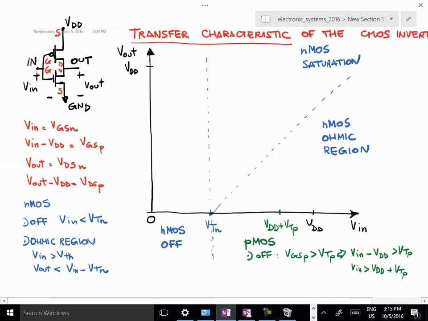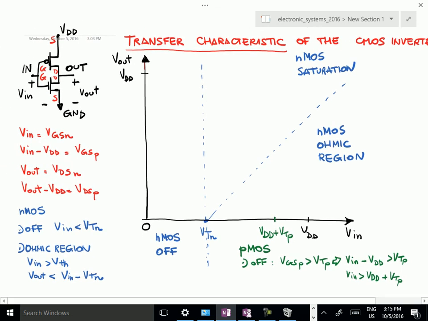So Vin larger than this value means that I must draw the line and take the larger side. So on the right I have that the PMOS is off.